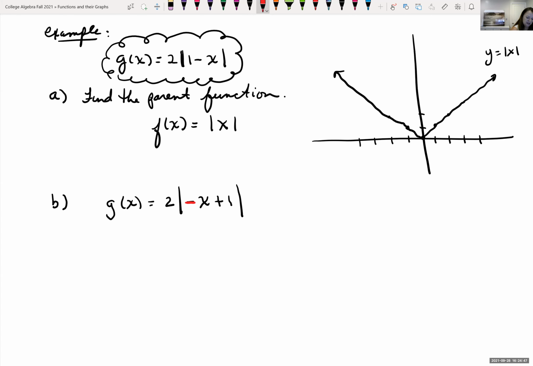And so this looks like, just in this case, if I had f of x was the absolute value of x, to get that negative there, I would look at f of negative x.